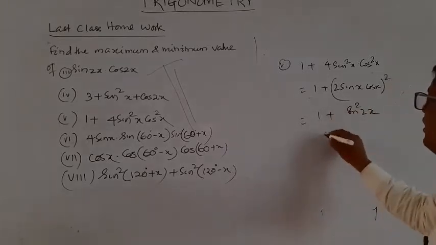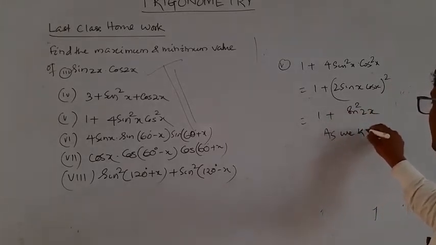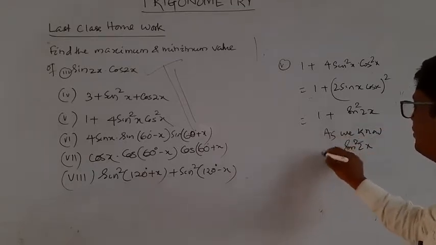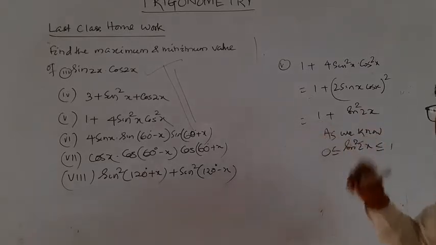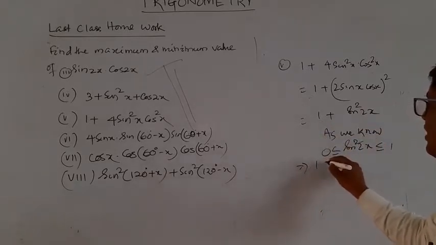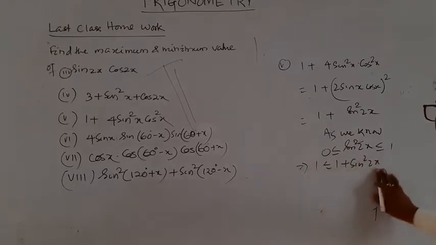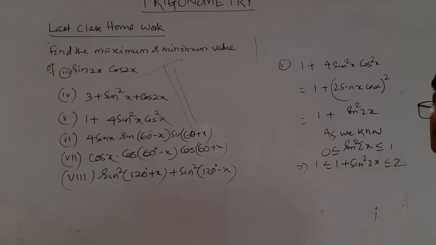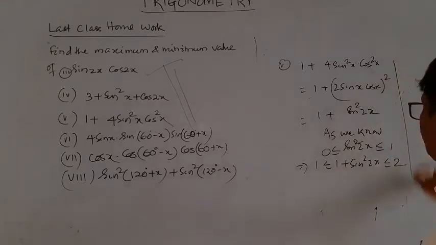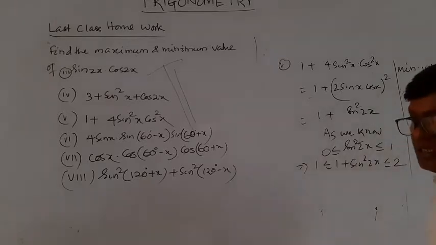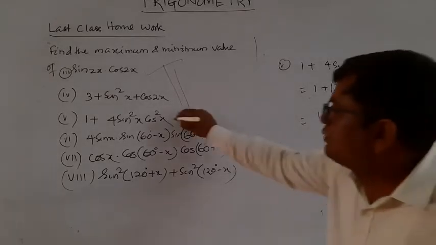We know sin square 2x lies between 0 and 1. Plus 1 is required, so add 1: 1 is less than or equal to 1 plus sin square 2x, which is less than or equal to 2. So the minimum value is 1 and the maximum value is 2. This is the answer of question number 5.